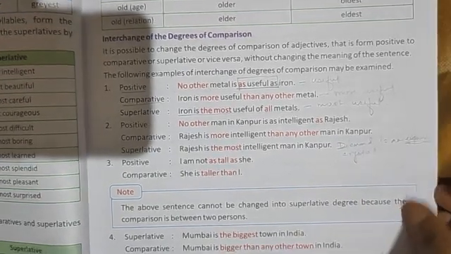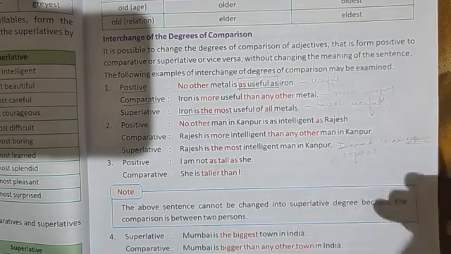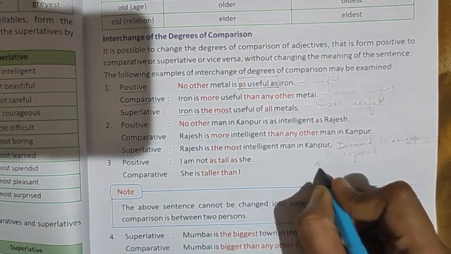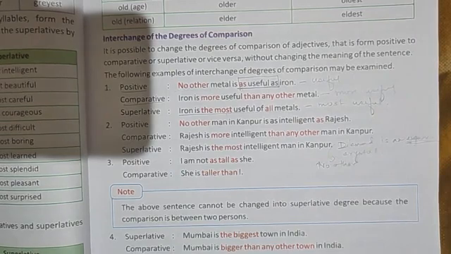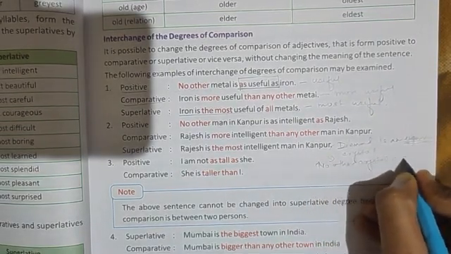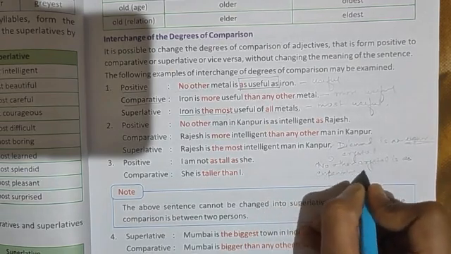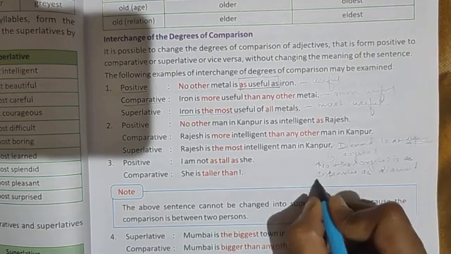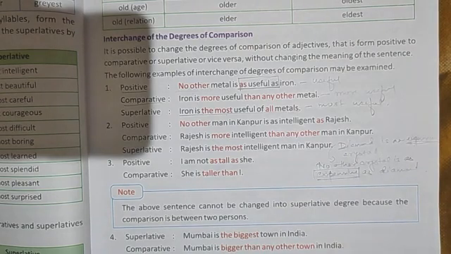This has been written in positive degree. I can write it in another way, in the same positive degree, as no other crystal is as expensive as diamond. See, in this sentence, my adjective expensive remains in positive form. So this is a positive sentence.